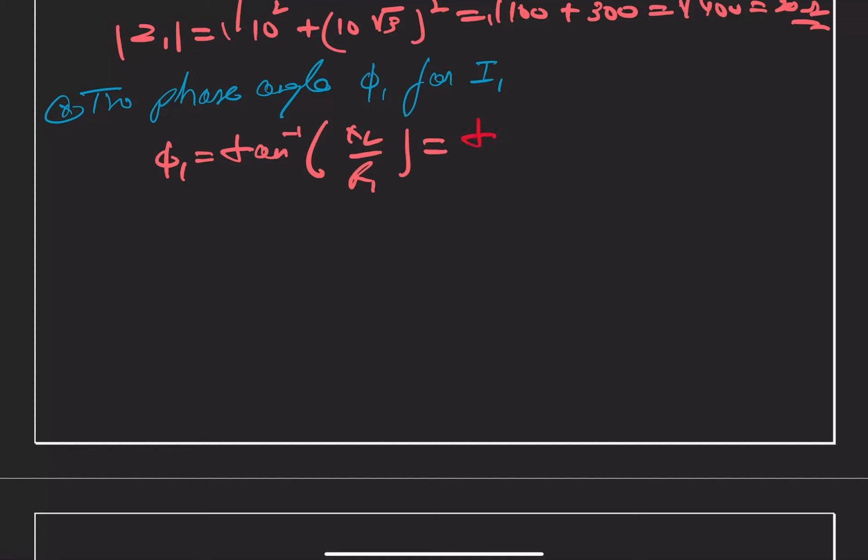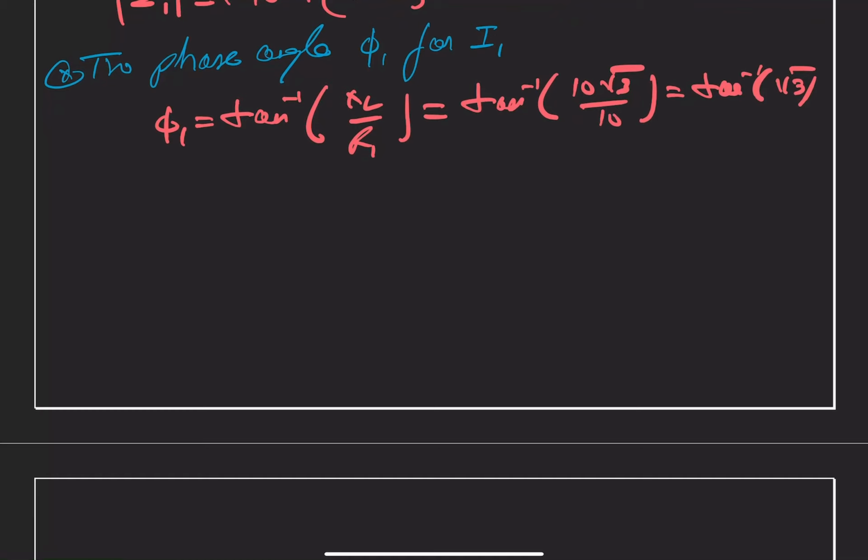We substitute the values: tan inverse of 10√3 divided by 10, which is tan inverse of √3, which is 60 degrees.